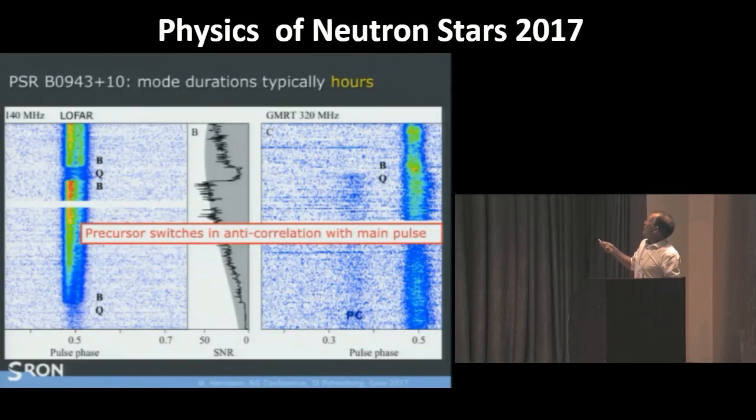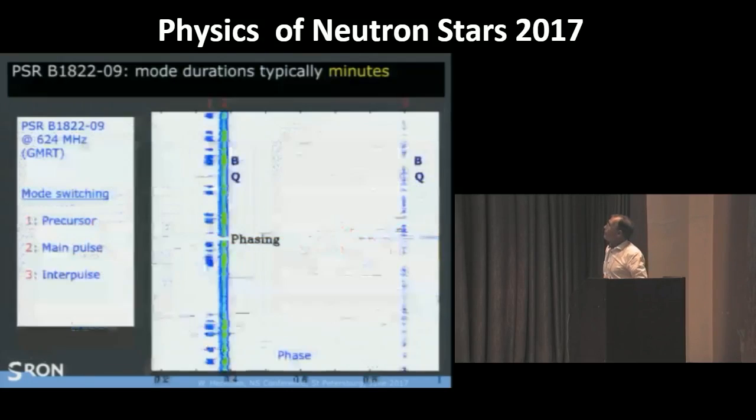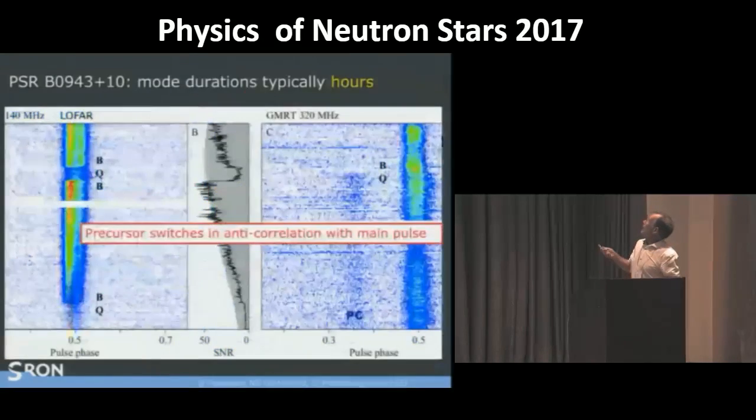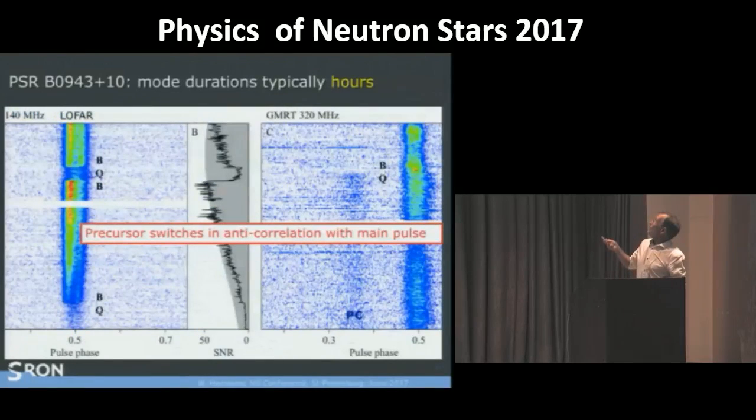So when the main pulse is bright, the precursor is off, and it is on when the bright main pulse is quiet. This shows the moding. Okay, what is important to realize is that the mode durations are typically hours here.